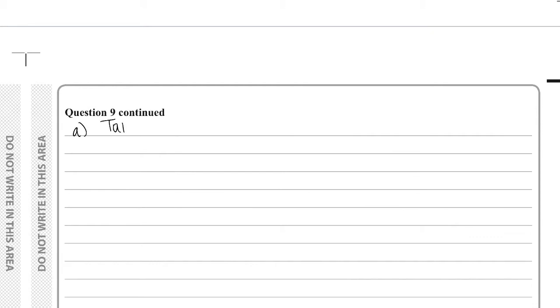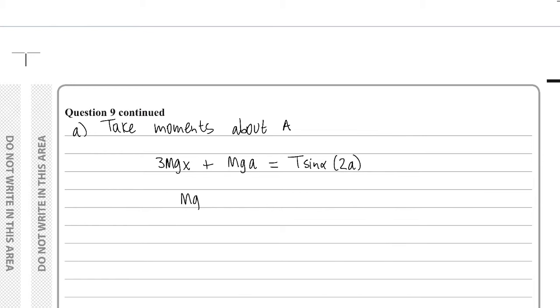So if we take moments about A, we see that the clockwise moments will be 3 mg times x plus mga, and this will be equal to T sine alpha times 2a. mg is a common factor on the left, leaving us with 3x plus a in the brackets.